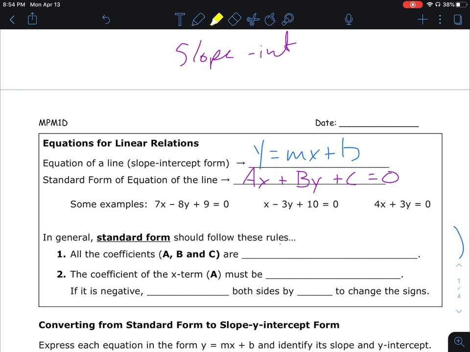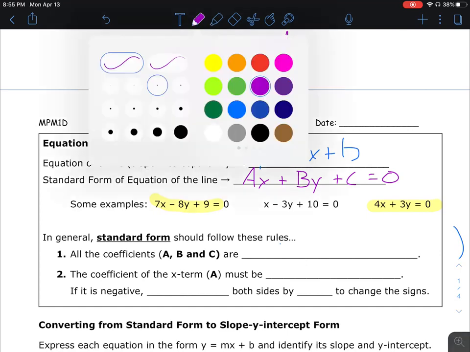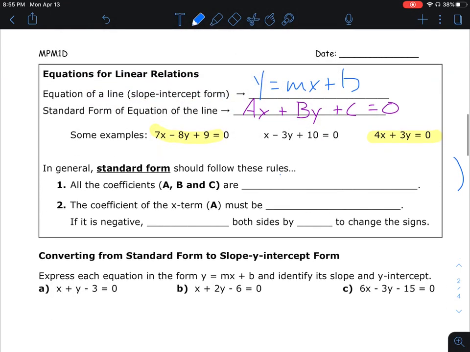And you have some examples down here. 7x minus 8y plus 9 is equal to 0, and 4x plus 3y is equal to 0. There's no constant value on the last one here, so we just write it as 4x plus 3y is equal to 0. So there are some rules when it comes to standard form. All the coefficients, a, b, and c, are integers. They are not decimals.